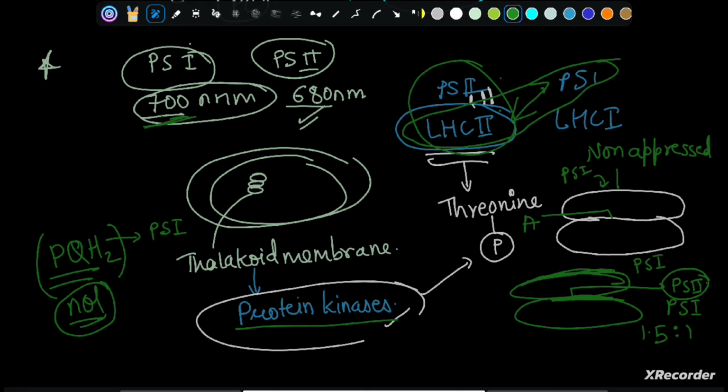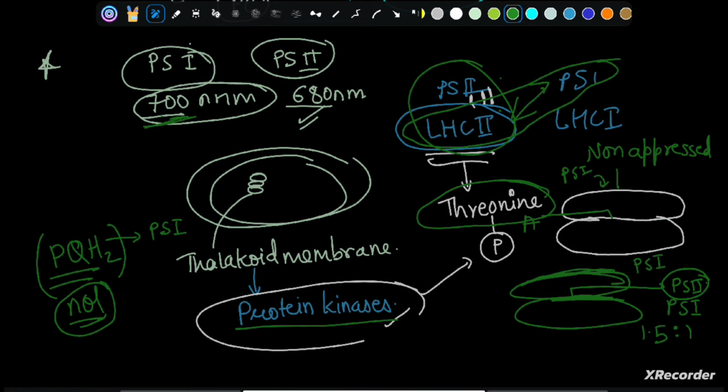The problem here was that the two systems absorb different wavelengths, and over a period of time it has to be made sure that both systems work efficiently. Your protein kinase that phosphorylates LHC2 on its threonine residue is doing so.